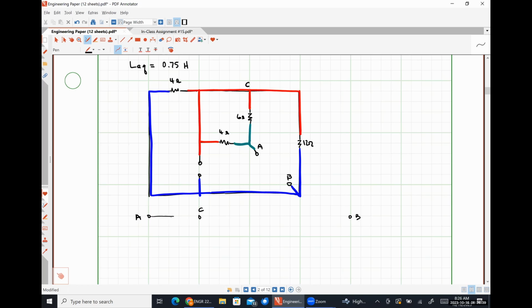So we're going to see 4 in parallel with 6. That 4 doesn't look particularly legible, so let me fix that. To go from C to B, we can go through the 12 or we can go through the other 4.